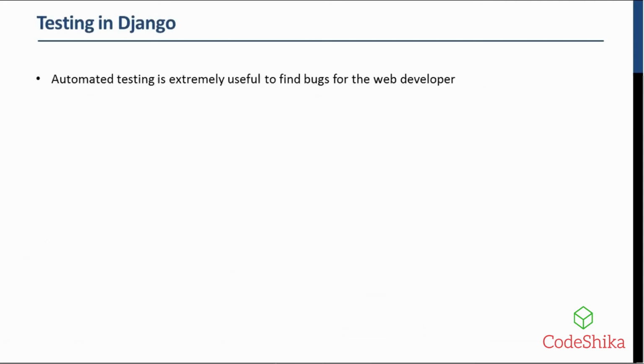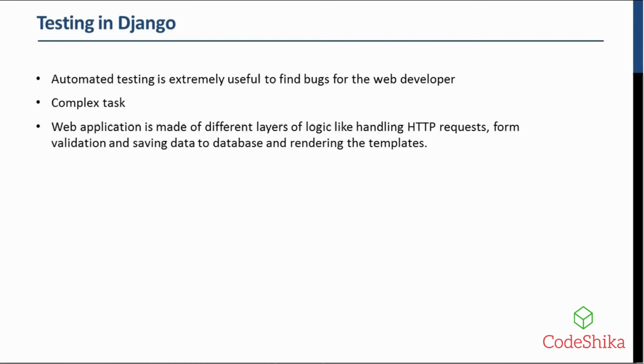Now let's see what we need to test in Django and what Django provides for testing. Automated testing is extremely useful to find bugs for the web developer. Testing a web application is a complex task. In Django, a web application is made up of different layers of logic like handling HTTP requests, form validation, saving data to the database, and rendering the templates.